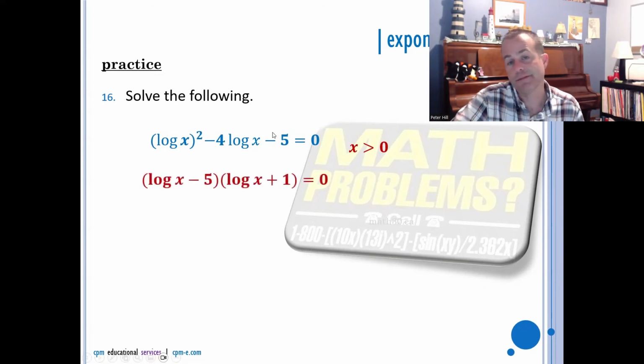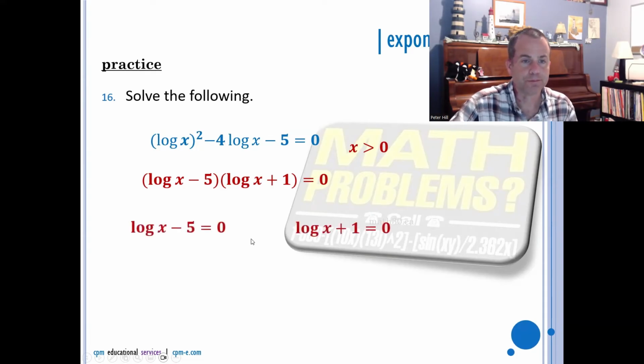Okay, so I was just going to factor. I'm looking for two numbers that multiply together to give me negative 5, and add together to give me negative 4, and I know that's negative 5 and positive 1, okay? So I now am looking at the zero product principle because I have two numbers that multiply together to give me 0. Log x minus 5 equals 0, which means log x equals 5, which means x equals 10 to the 5, right?